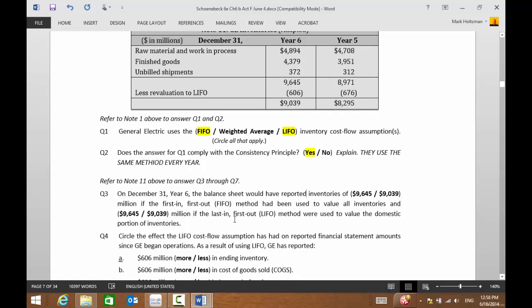Now, December 31st, year 6, that's over here, the balance sheet would have reported inventories if they had used FIFO. What would that be? 9645 or 9039? That'd be 9645. This here is the FIFO number. And what would it be using LIFO? 9039.